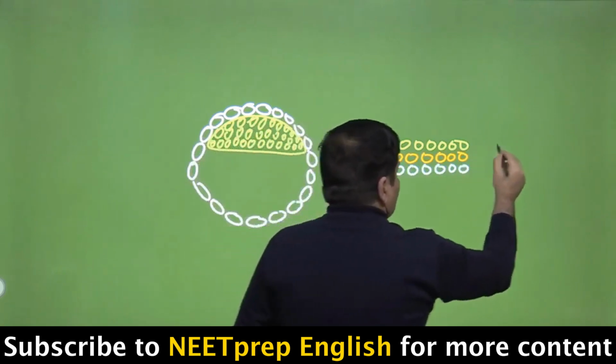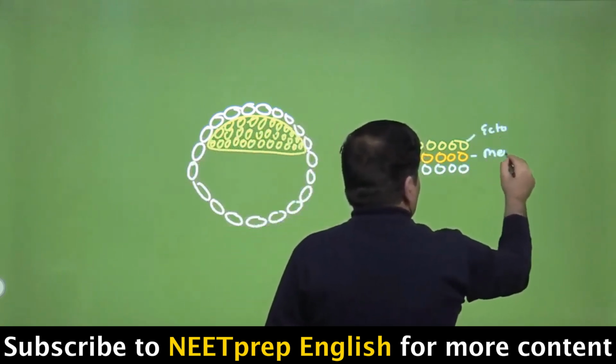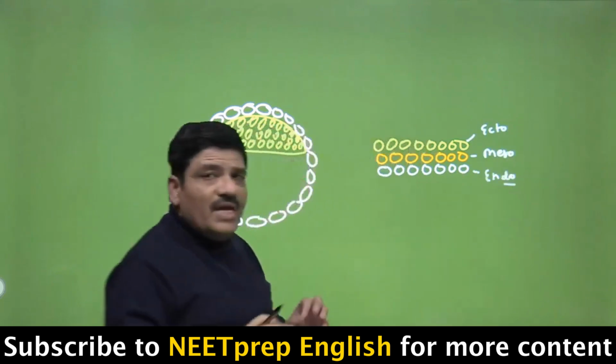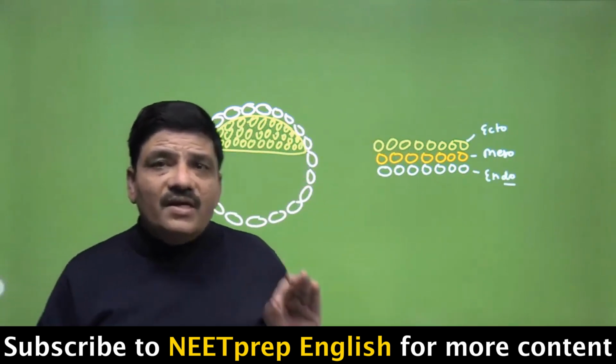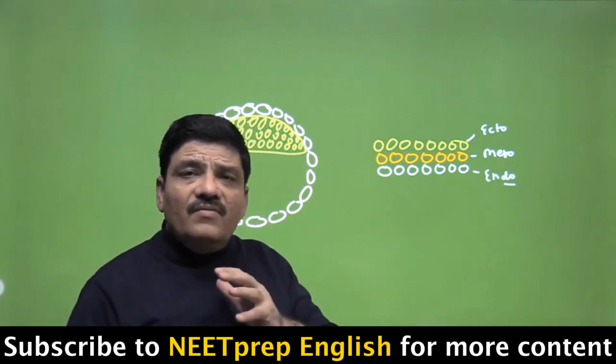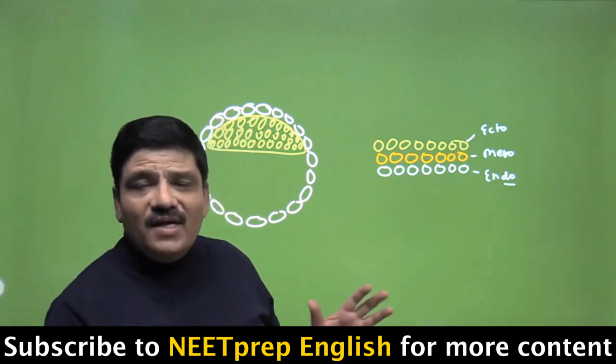So this is the formation of 3 germ layers. We are saying this is ectoderm, this is mesoderm, this is endoderm. Again asking you, please stick to the basics. If you are interested in the details of how it happens, I have discussed this topic in detail in the main video course. You can go and watch it.